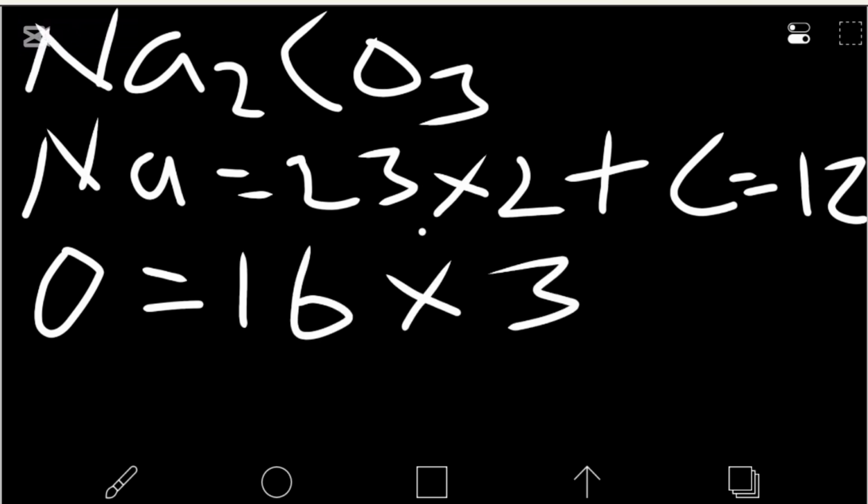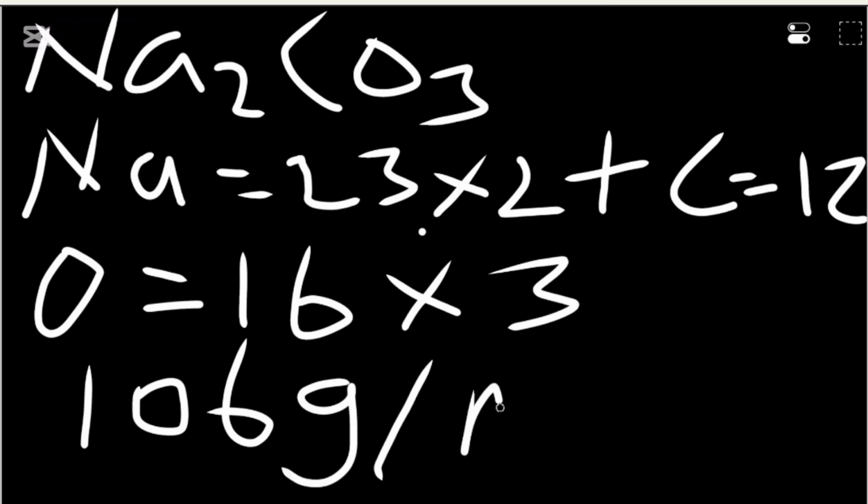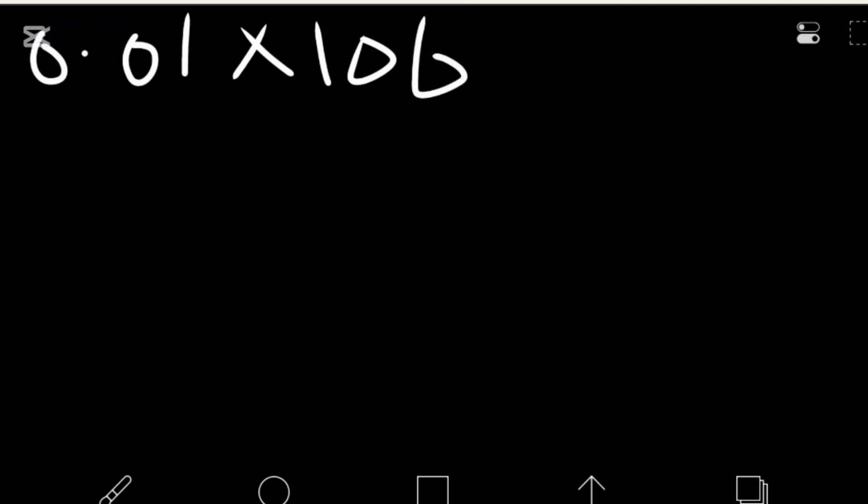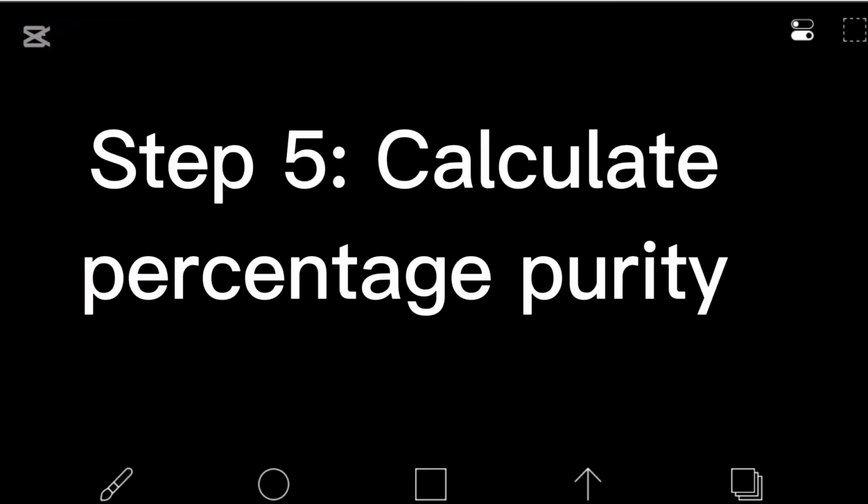So if you multiply all these things and then you add, it will give you 106. So this is the molar mass of sodium carbonate, and the unit of molar mass is gram per mole. So 0.01 times 106 is equal to 1.06.